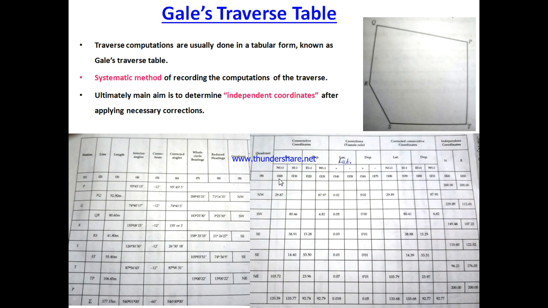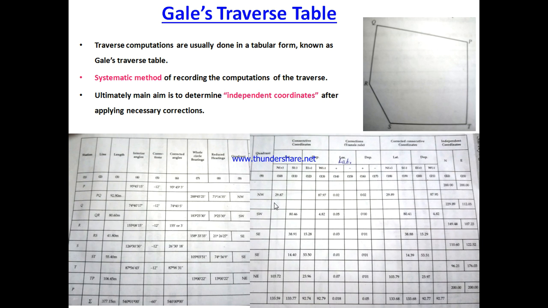So the algebraic summation of the latitude values for line PQ and TP. You can see here TP. In which direction is TP coming? This TP is in the first quadrant, northeast direction, and the bearing is somewhere around 5 degree if I plot the north-south axis.